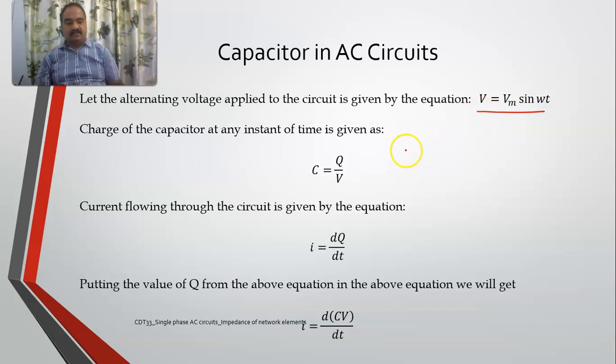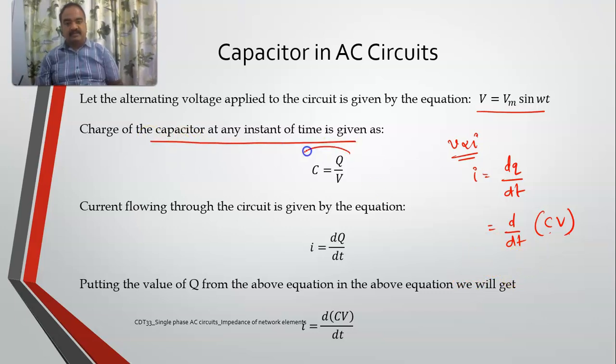So what is the equation for the relation between V and I? You know, I is equal to dq by dt, whereas q is written as CV, right? This is capacitance, this is voltage. If I assume C is constant, charge of the capacitor at any point, C is equal to Q by V.